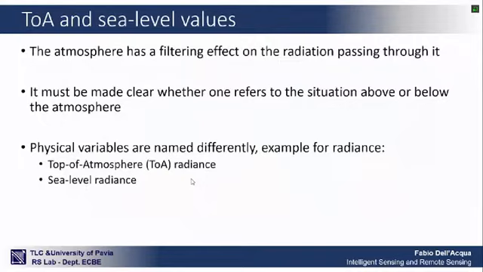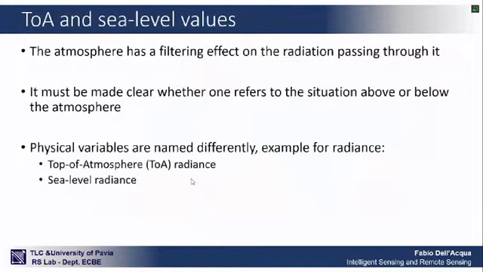Top of atmosphere radiance is the incoming power into the instrument, as measured at the top of the atmosphere, which means I'm measuring whatever power comes from the Earth, and I'm not taking into account that there's an atmosphere there. Top of the atmosphere means that I place myself on top of the atmosphere. So whatever the atmosphere has done to the radiation, it's there. I've done nothing to counteract that effect.